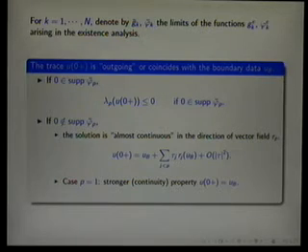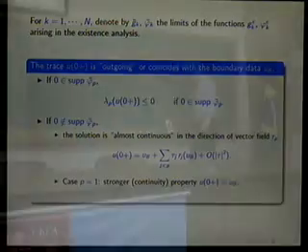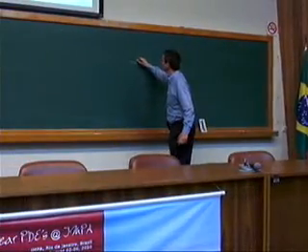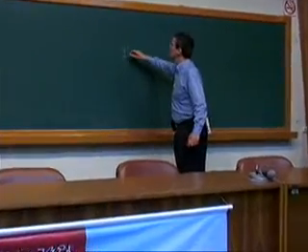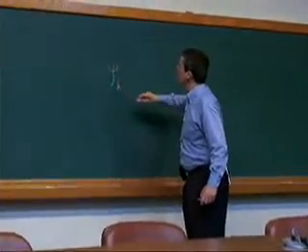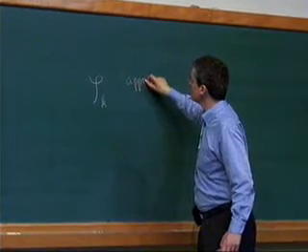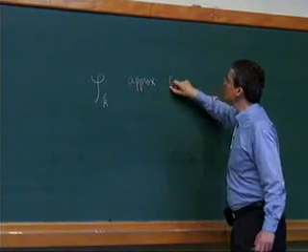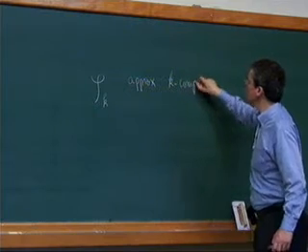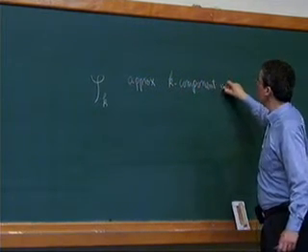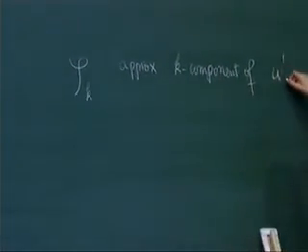So these functions phi play the role of the normalized derivative of the solution. So you should think of phi k as an approximation of the k component, along the eigenvectors, of the derivative of your solution.